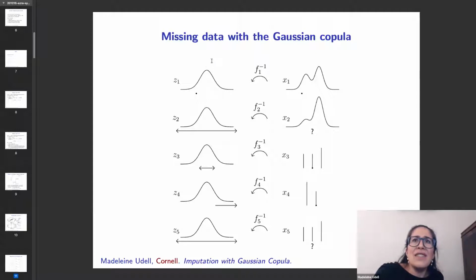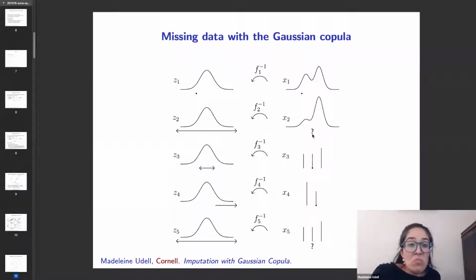The median of this distribution needs to map to the median of this distribution. Okay, the 75th percentile of this distribution has to map to the 75th percentile of this distribution. Okay, so it's very easy to map back and forth between these real values. Okay, so I know exactly the value of Z1.